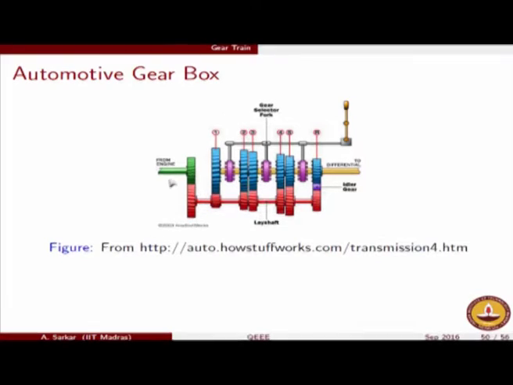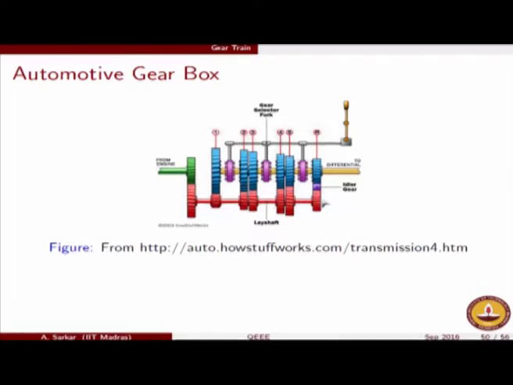So now what we are seeing is that the engine is delivering its power and motion. So the green shaft is moving one way or the other. The power is getting transmitted to the lay shaft. So the lay shaft is moving at a certain RPM. Because each of the red gears is in mesh, each of them is ensuring motion of these blue gears, but the blue gears are not connected to the output shaft in the drawing that is shown.